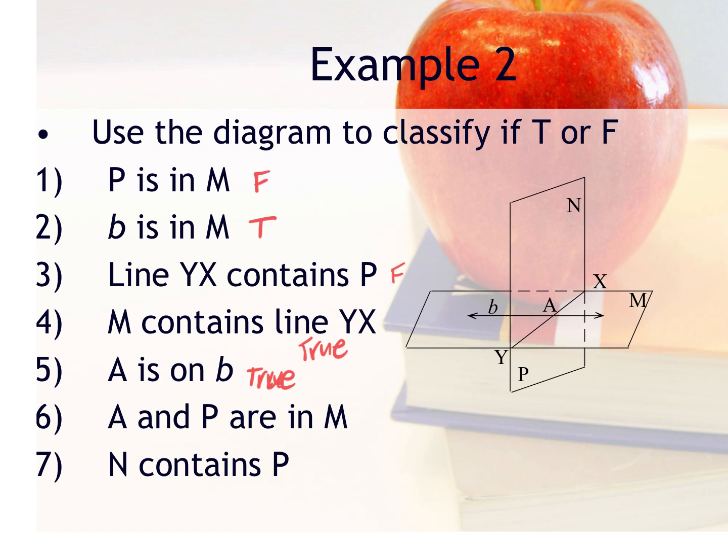Looking at number 6, A and P are on M. Let's identify A and P. Are they on M? No, both of them are not on. So this is false. And the last one, N contains P. Here's the entire line N. Does it contain point P? Absolutely. This is true.